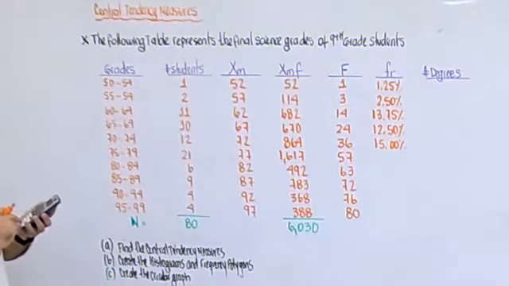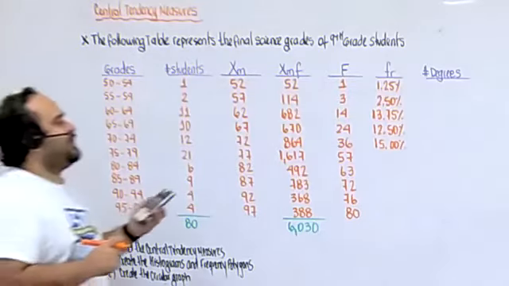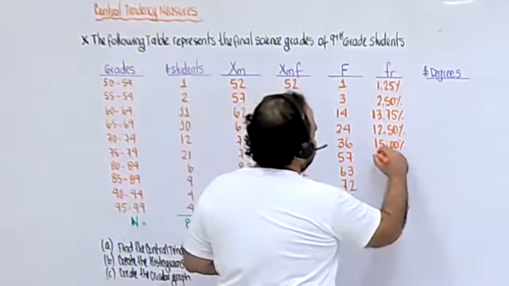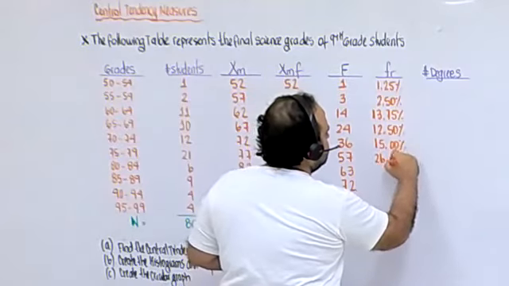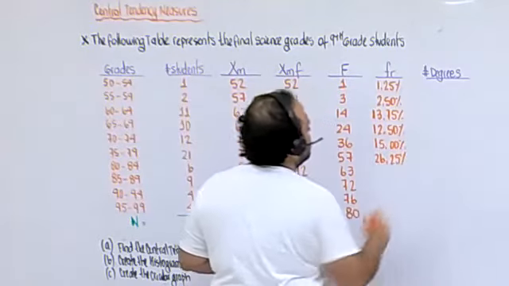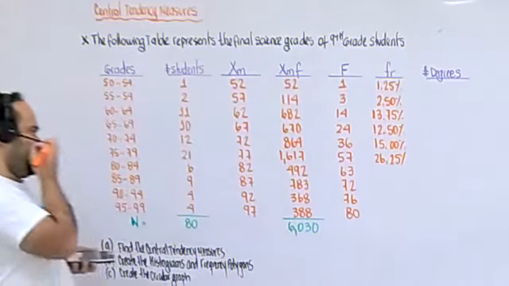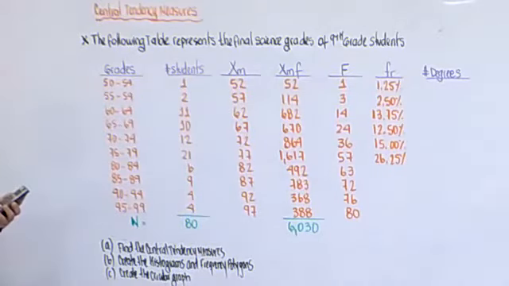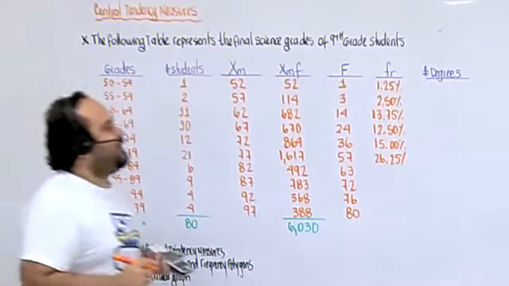Continue. 21 divided by 80 times 100 will be equal to 26.25%. Okay. Next one is 6 divided by 80 multiplied by 100 will be 7.50.